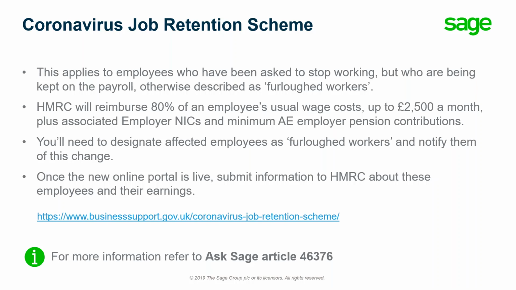You'll need to apply for it using a brand new system being developed by HMRC, and that system is due to become live towards the end of next month. You'll need to designate affected employees as furloughed workers and notify them of this change, and that's all subject to employment law and any clauses in their contracts. Then once this new online portal is live, you'll submit the relevant information to HMRC about those employees and their earnings, and they will then pay you the grant.